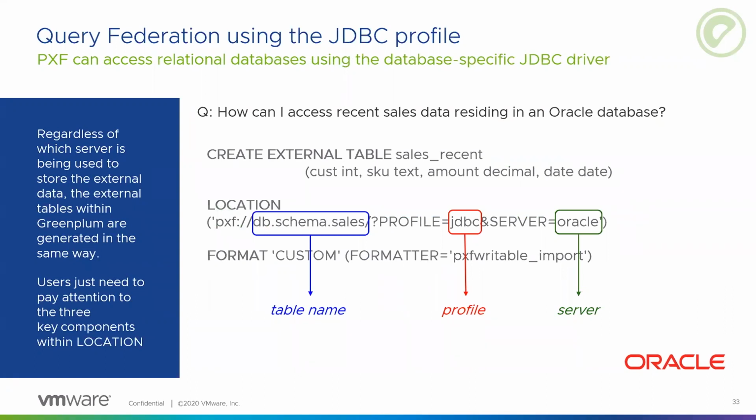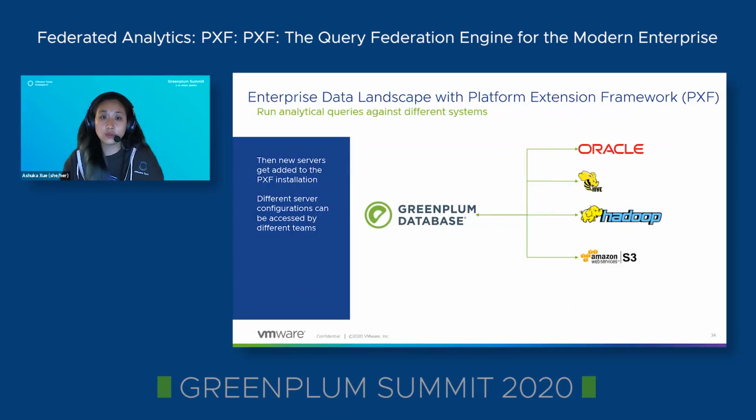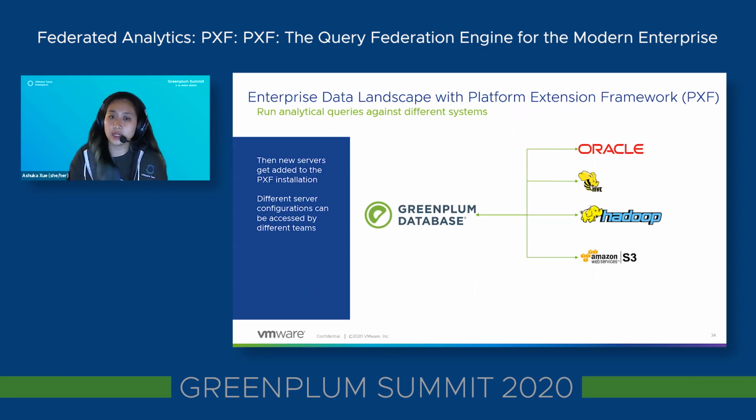So you may notice that we no longer need to create the extension here. Regardless of how many external data sources we connect to PXF, we'll only need to instantiate the PXF extension once. So more and more, we see enterprises moving data to the cloud due to availability, durability, costs, etc. And with PXF, we can access all of these different servers concurrently.